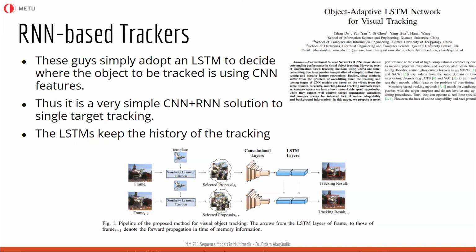These guys from China and Belfast, UK, by the way, adapt an LSTM to decide where the object is. For that purpose, they have a CNN plus LSTM where they feed the visual signal to the convolutional layers and the LSTM. I'm going to talk about this part, don't worry.